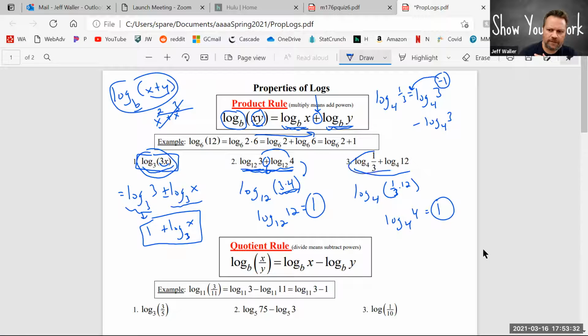So this becomes log base 4 of 12 minus log base 4 of 3, which is the next property, which would be 12 divided by 3, which still gets me here, right? It's got to be self-consistent. So all the properties, if you choose to use them in orders that are still legal by the order of operations, should come out to be the same answer.